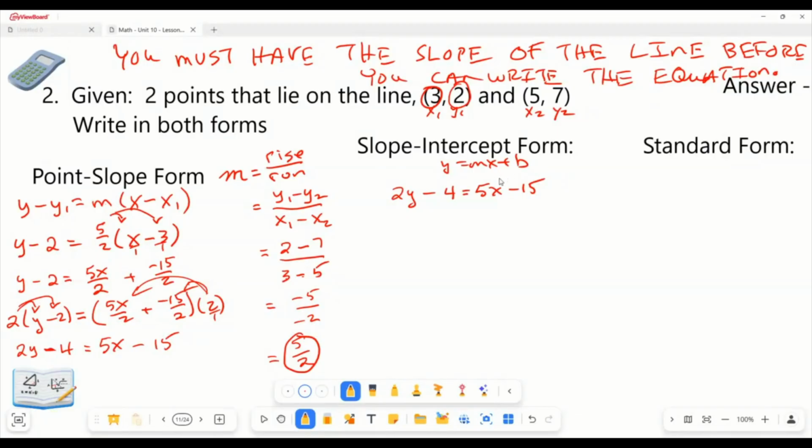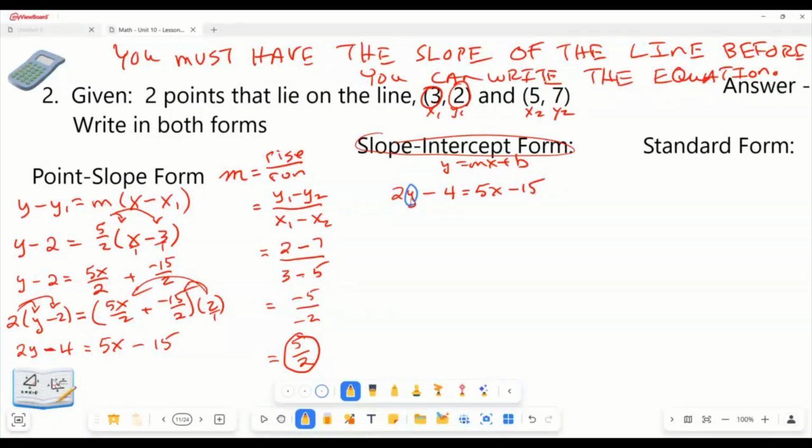That means I've got to get y by itself. That's the whole thing about slope-intercept. Y equals. Everything else is on the other side. Y is by itself.